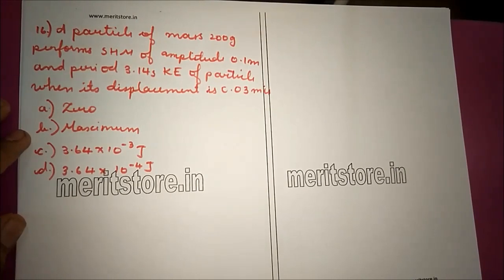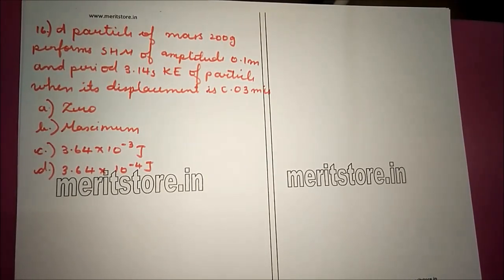Question 16. A particle of mass 200 gram performs SHM of amplitude 0.1 meter and period 3.14 seconds. Kinetic energy of particle when its displacement is 0.03 meter is.